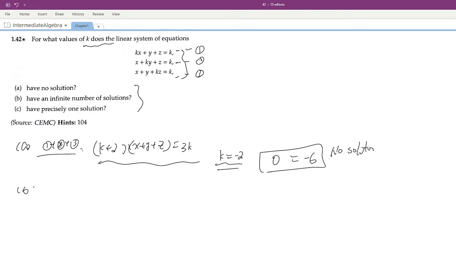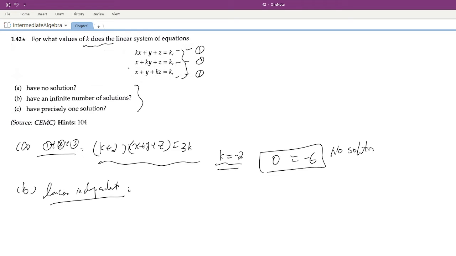So for B, if infinite solutions, right? So for three variables, it's better to have three linear independent equations, right? We call it linear independent. So for three variables, if we have three linear independent equations, we have a unique solution, right?